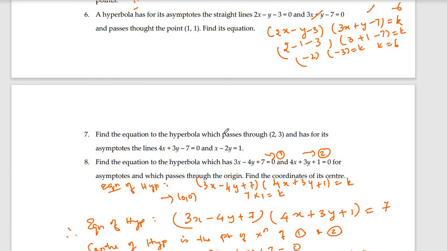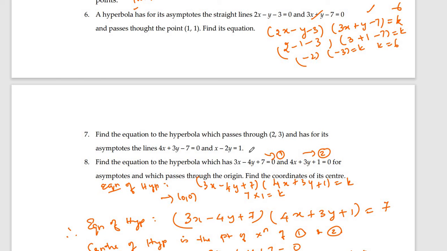Now find the equation to the hyperbola which passes through the point 2, 3 and has for its asymptotes the lines. So we have to consider this: 4x plus 3y minus 7 into x minus 2y minus 1, and equating to 0 will give the asymptotes, but we want to have the equation of hyperbola, so equate it to k and substitute 2 in the place of x, 3 in the place of y.